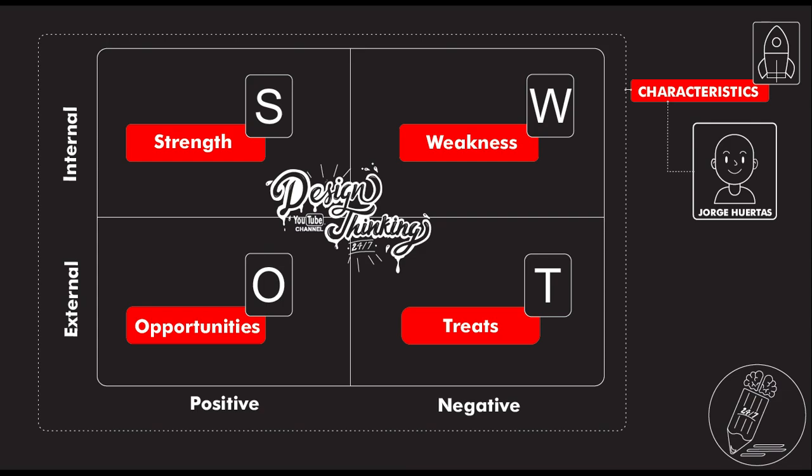The threats are also external. For example, if I have a new competitor, I need to see what prices they are charging and all the things that they have right now, because if I don't take action, it could be something very bad for my business.